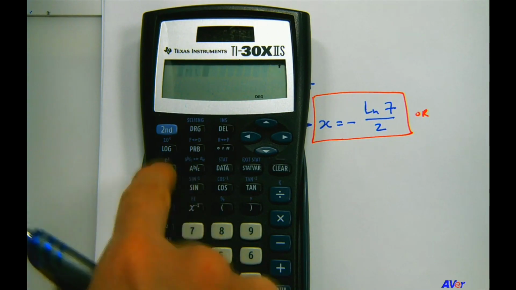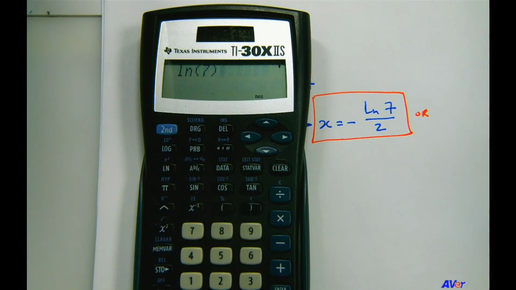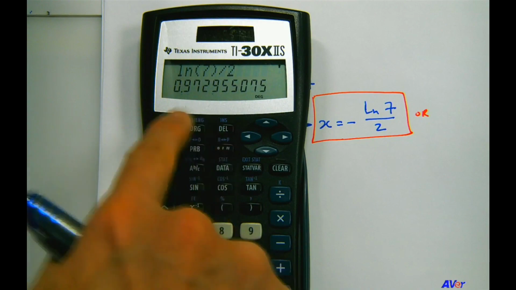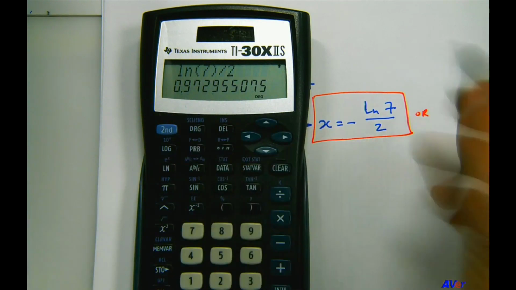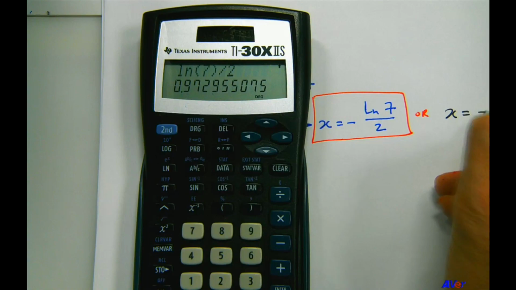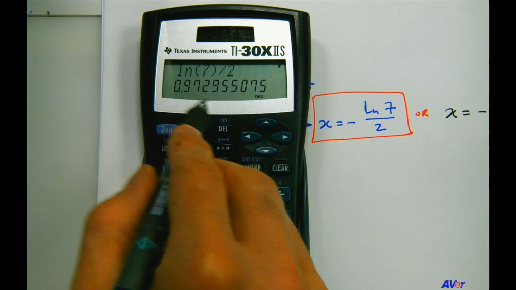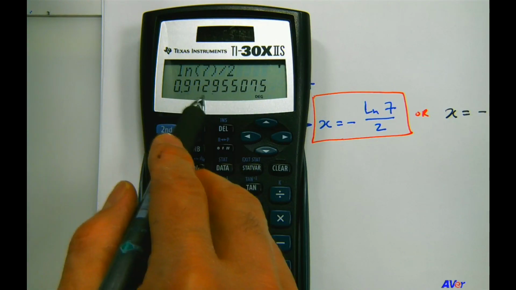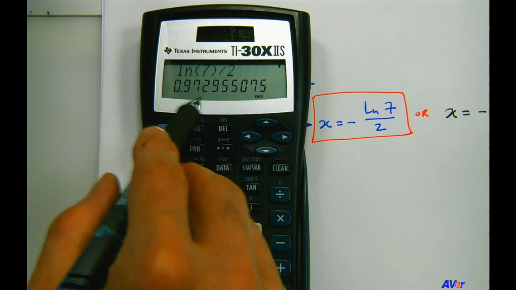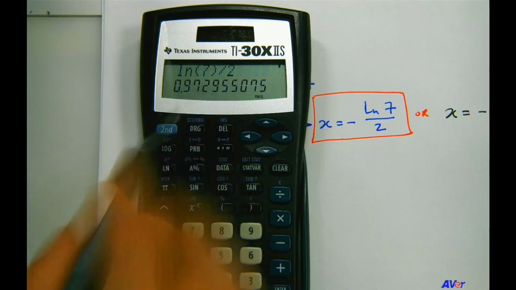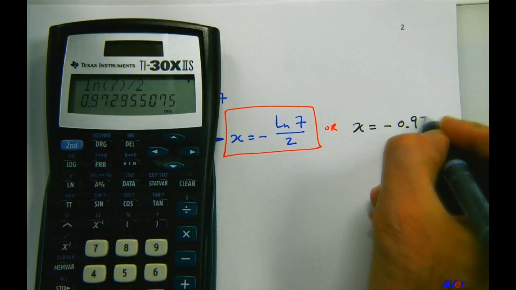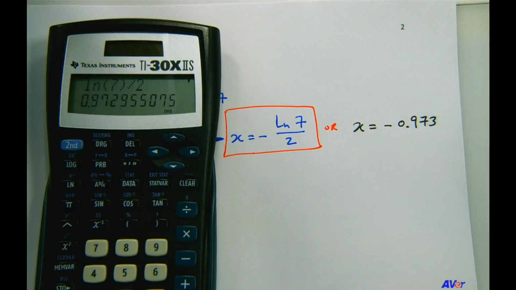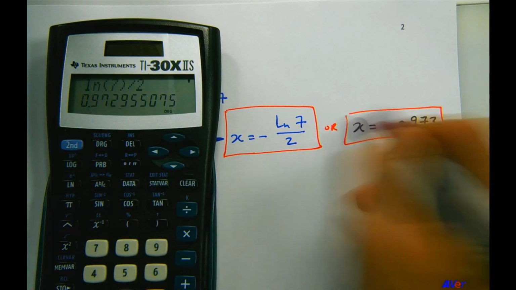We take the natural log of 7 and divide it by 2, keeping in mind that we have a negative in front, right? So x equals minus 0.99729. I'm going to round that to 0.973. I'm going to round my answer like that, and either that or that.